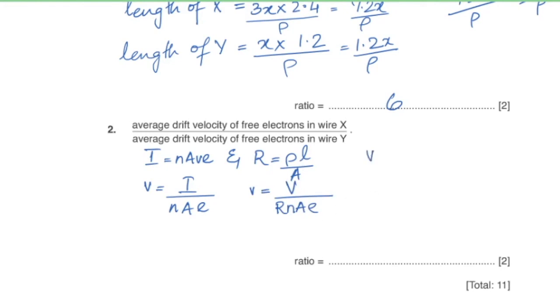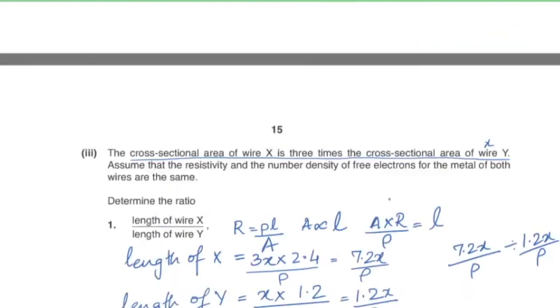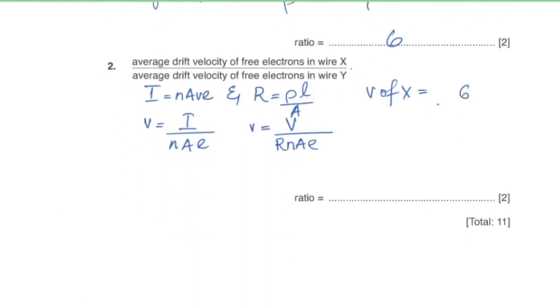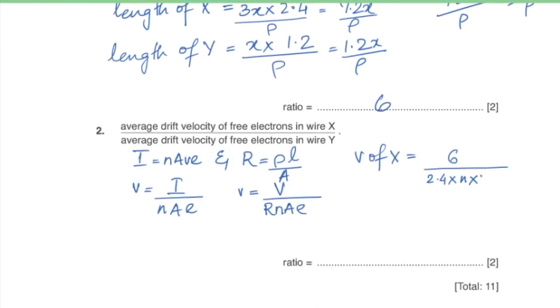Now, for the average drift speed of X, this is going to be equal to the voltage across wire X, which is 6 volts, so 6 divided by the resistance of wire X, which was 2.4, times the same number density times the cross-sectional area of wire X, which is 3 times the cross-sectional area of wire Y, which I'd consider 3x, times the charge of an electron, that is 5 by 36.